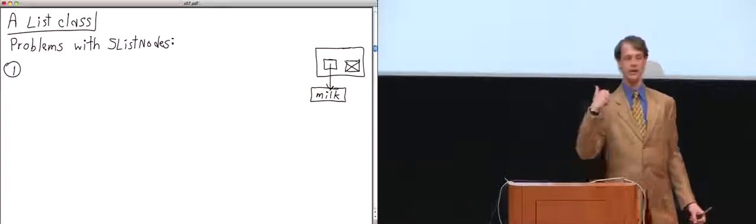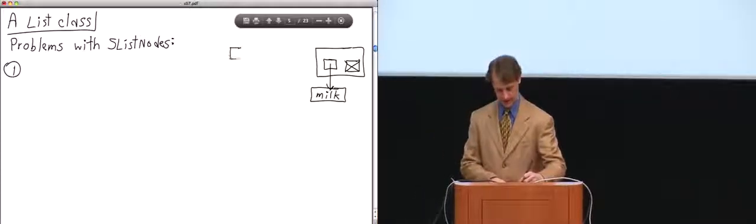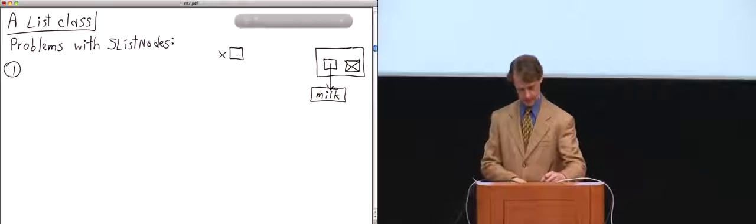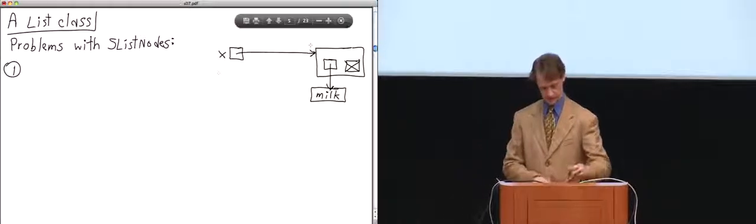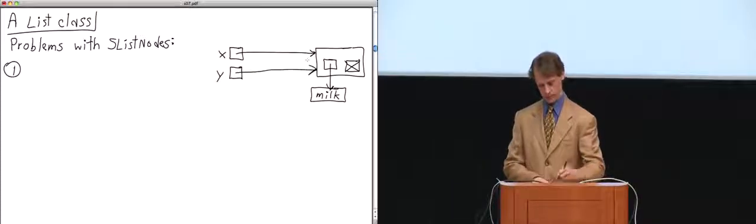So that's a shopping list with one item. And I have several references to that SListNode. This reference is maybe you, our X, and this other reference, Y, is maybe your roommate.